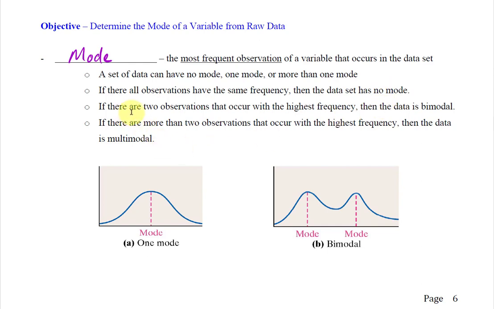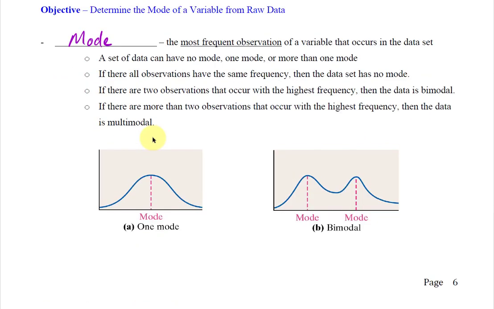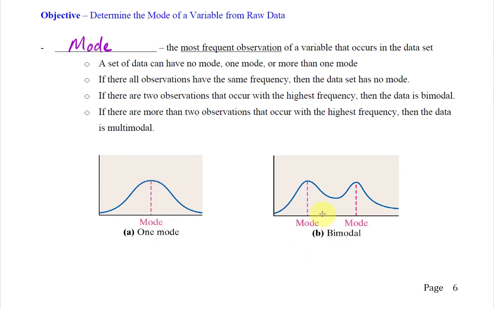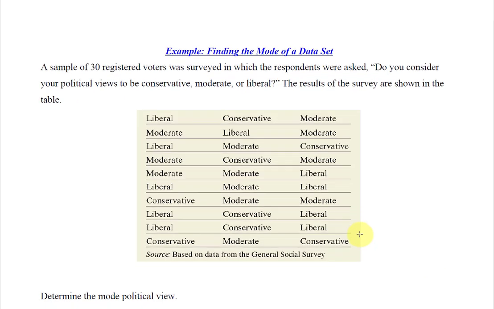If there are 2 observations that occur with the highest frequency, then the data is bimodal, two modes. And if there are more than 2 observations that occur with the highest frequency, then the data is multimodal. So 1 mode, 2 highest frequency is bimodal, and so on.